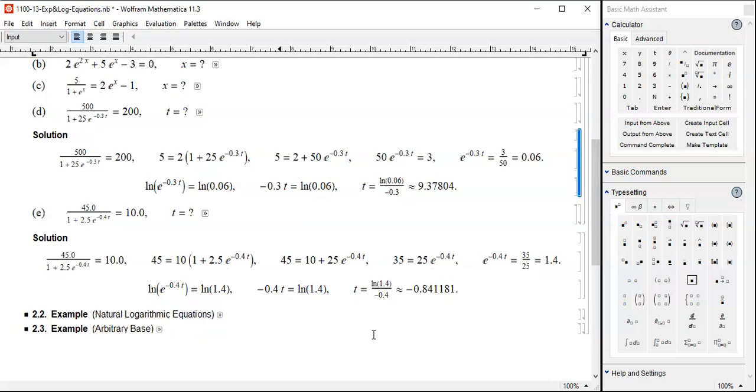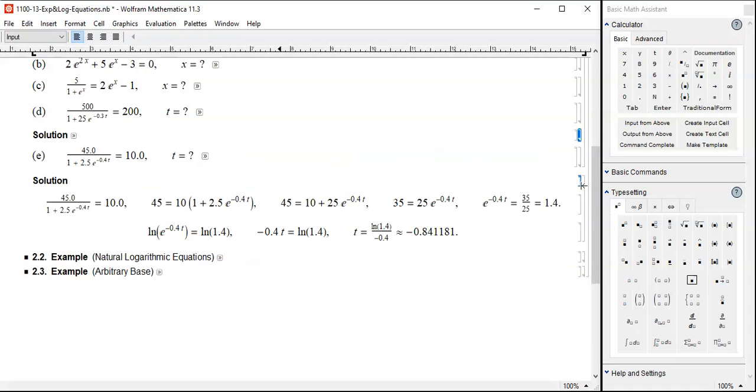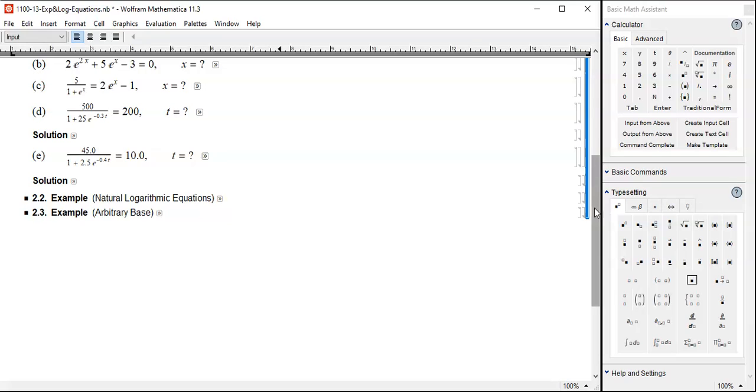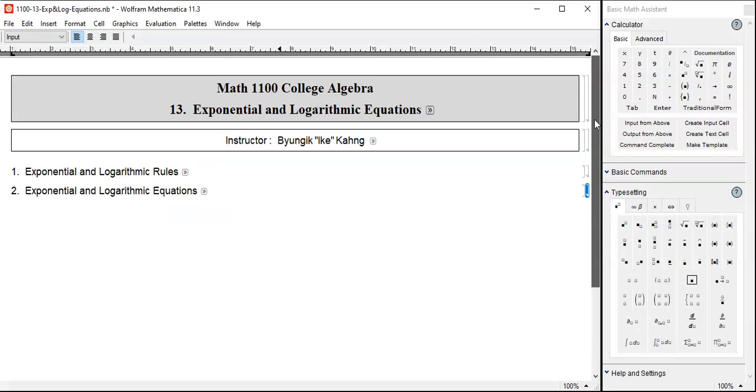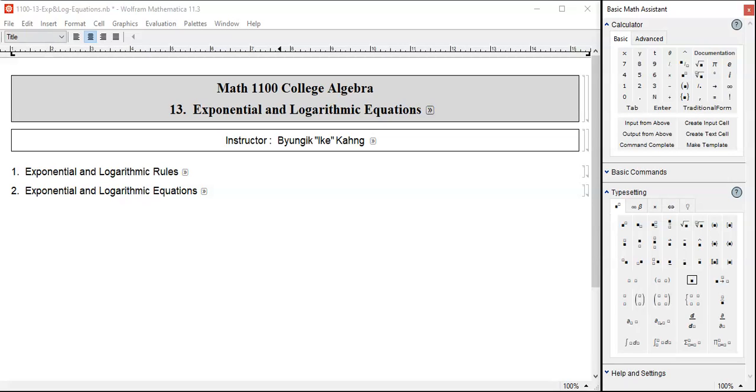These equations are exponential, transcendental equations, but the method is algebraic. Okay, so much for the first type, exponential equations. Let's stop here, and we'll meet again with logarithmic equations in the next video.